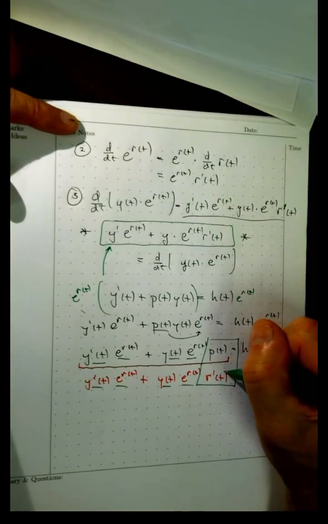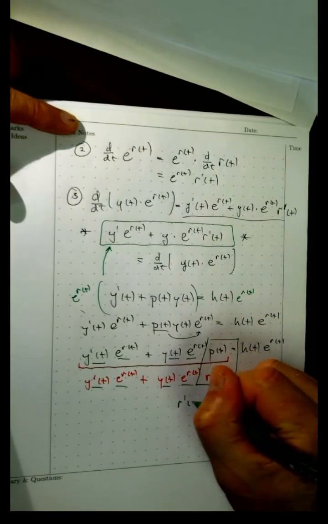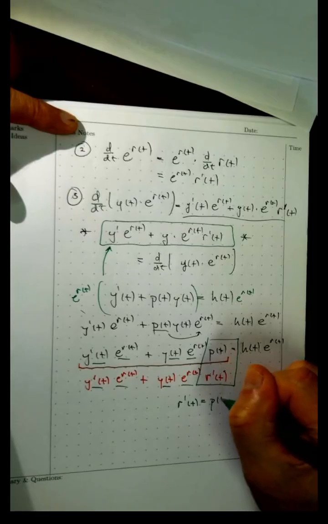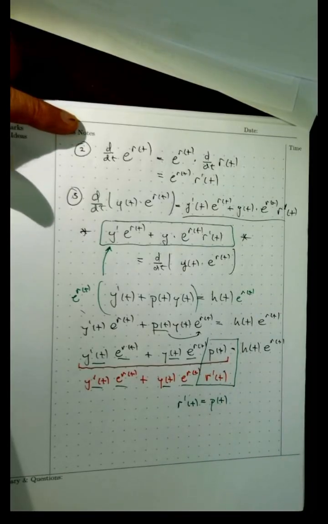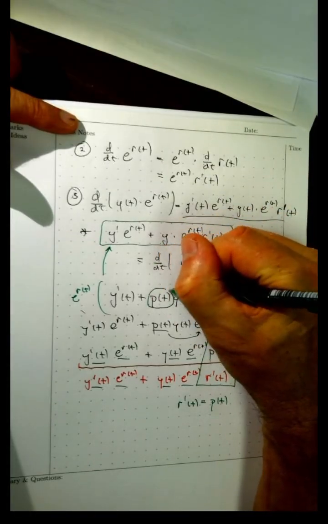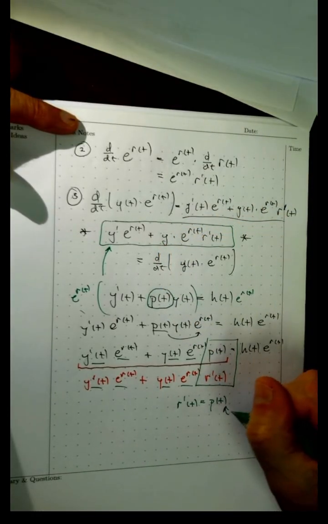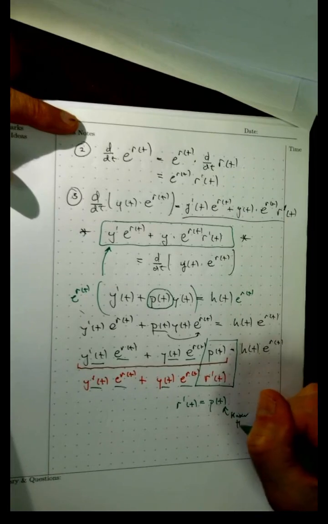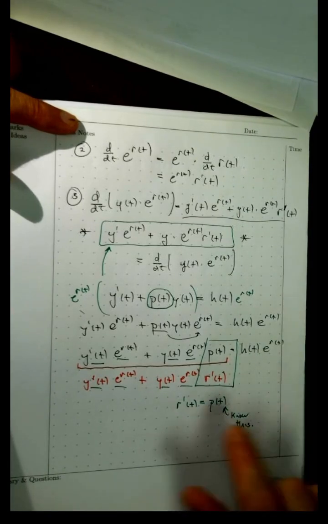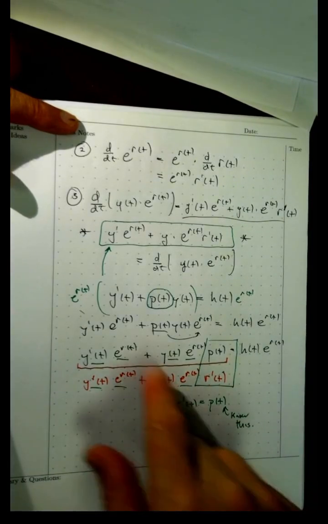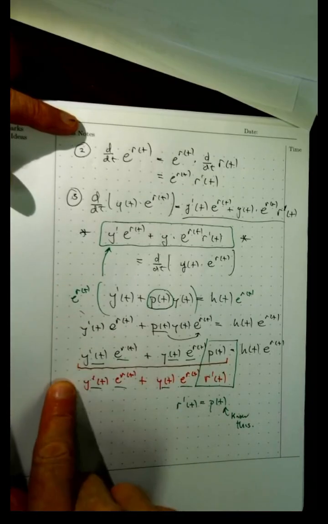If I can make these two things equal, then I'm done. And here's the great thing: in practice, what happens is you're given p of t, and I'm free to make up any r that I want because I didn't specify anything about r anywhere here.